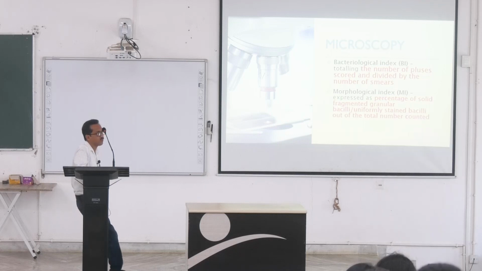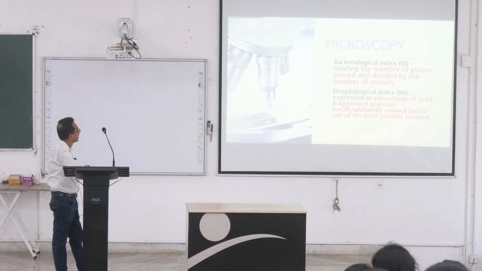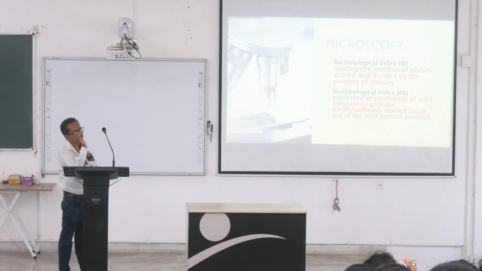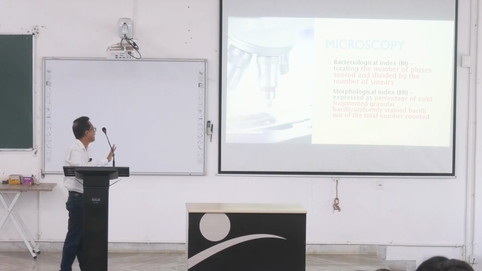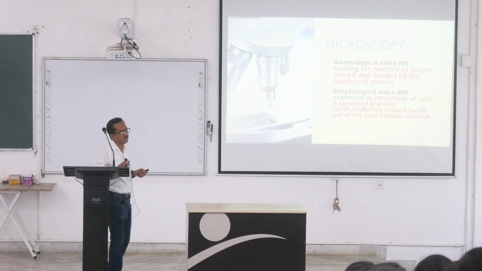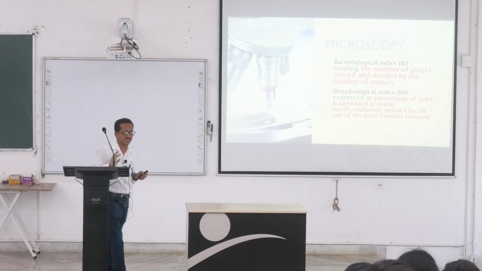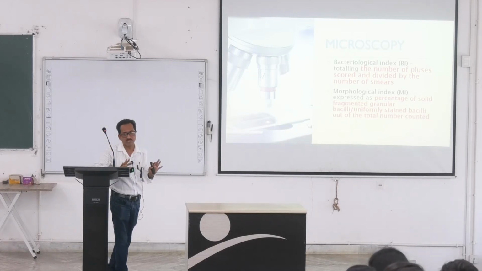So how will you calculate the bacteriological index? You add all the pluses, whether a particular field is 1 plus, 2 plus or 6 plus, and divide by the number of smears you have checked. At least 6 smears you have to check.